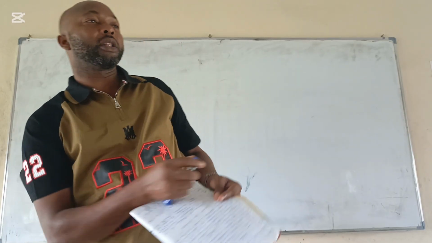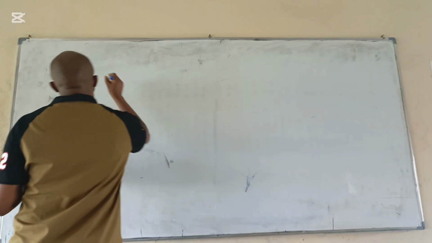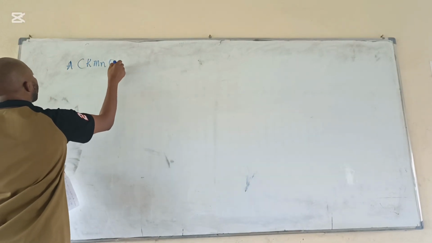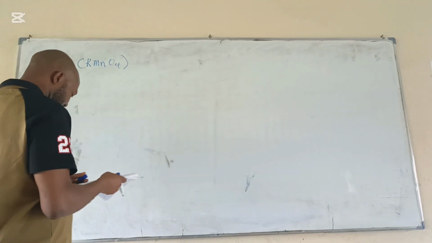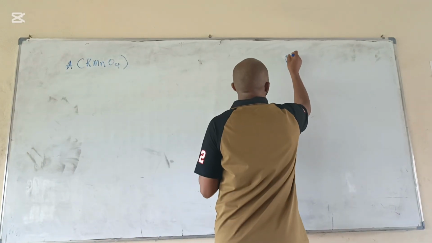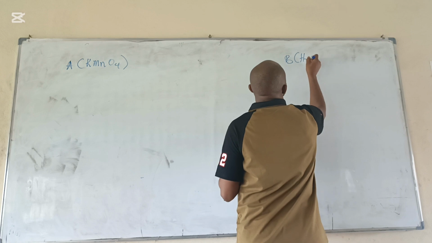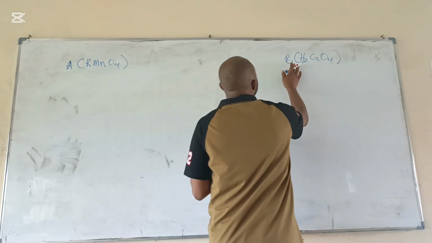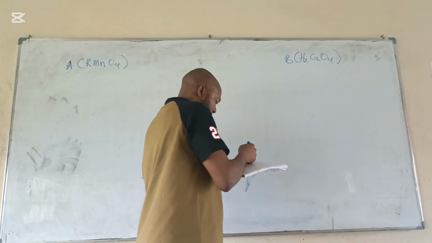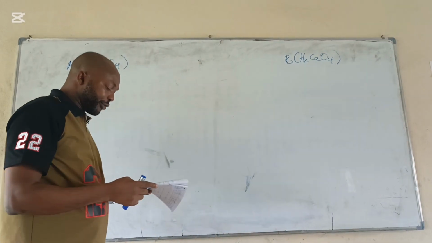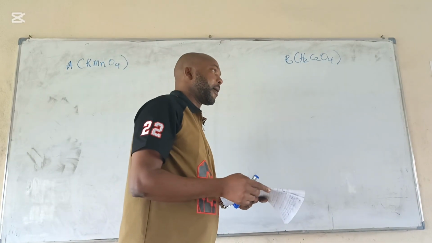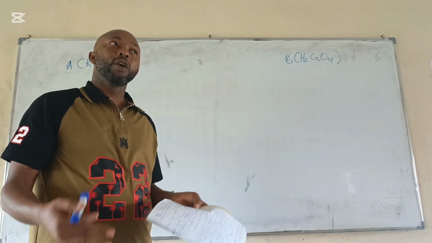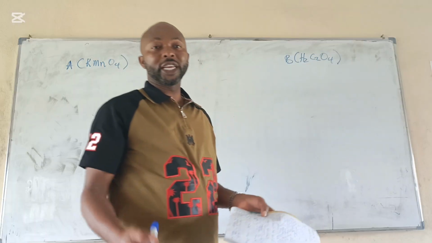Let me state out the given. A is KMnO4. This is the oxidizing agent. B is H2C2O4. This is the reducing agent. So, instead of A, I'll just call it O. O is oxidizing agent because this is redox titration, which focuses on oxidizing and reducing agents.